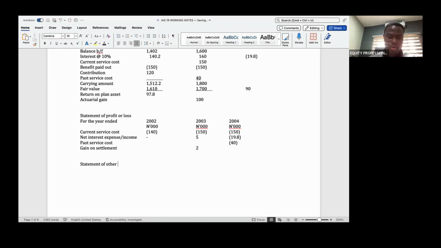So statement of other comprehensive income for the year ended 2002, 2003, 2004.